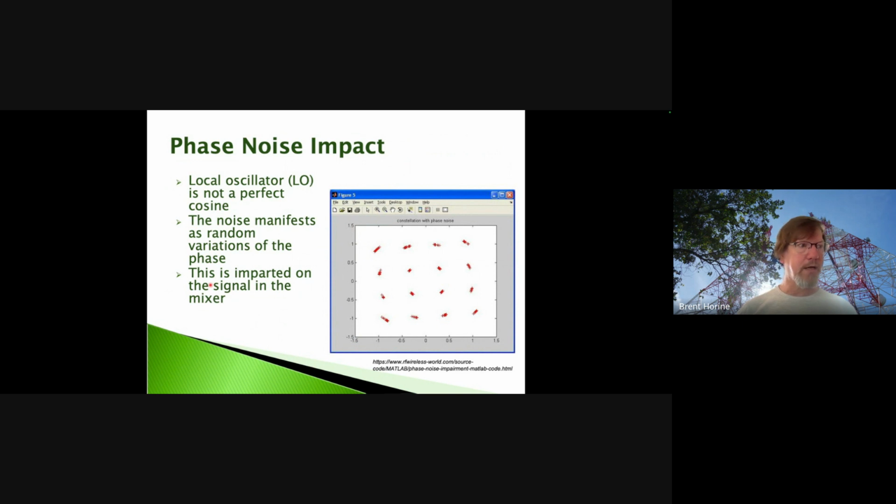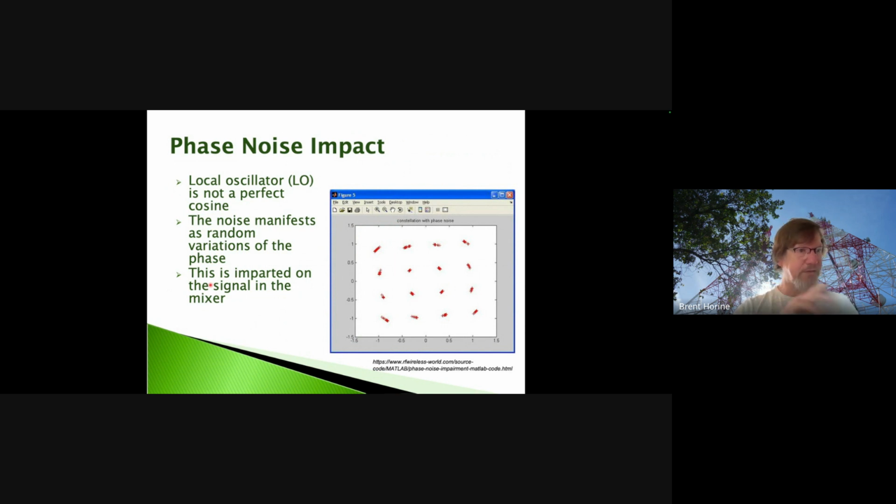And so if it's supposed to be at 500 megahertz, you'd like it exactly at 500 megahertz and never to deviate from that. But it's not an ideal world. And so it will, due to random fluctuations in the physics of the oscillator, have some minute phase shifts over time.